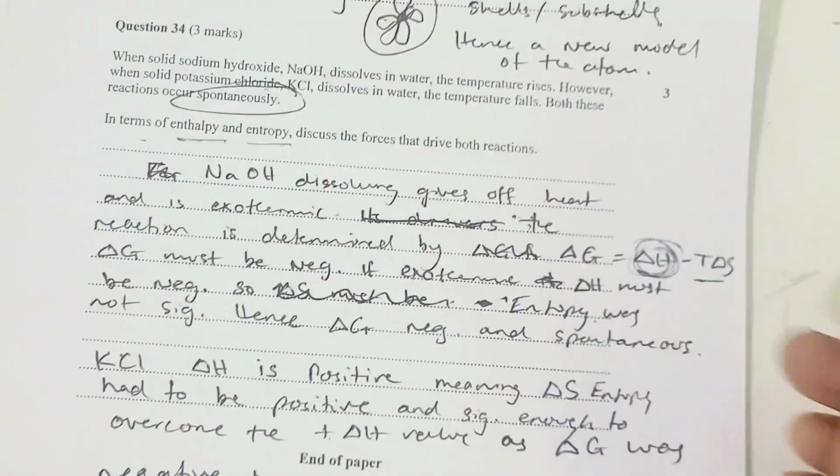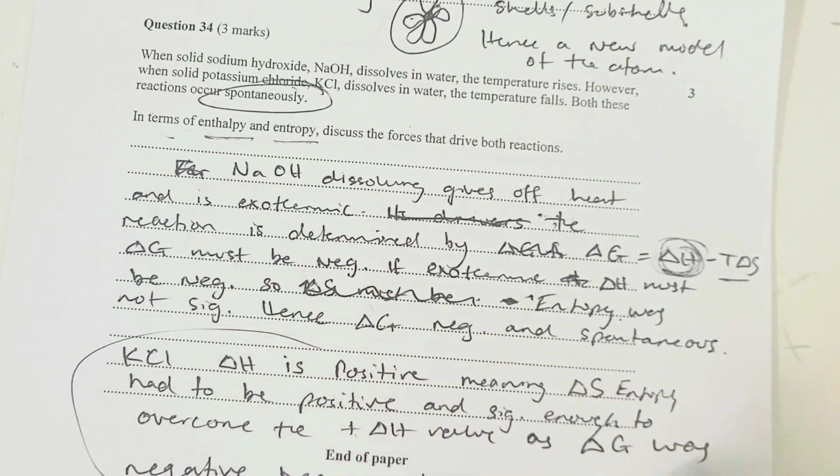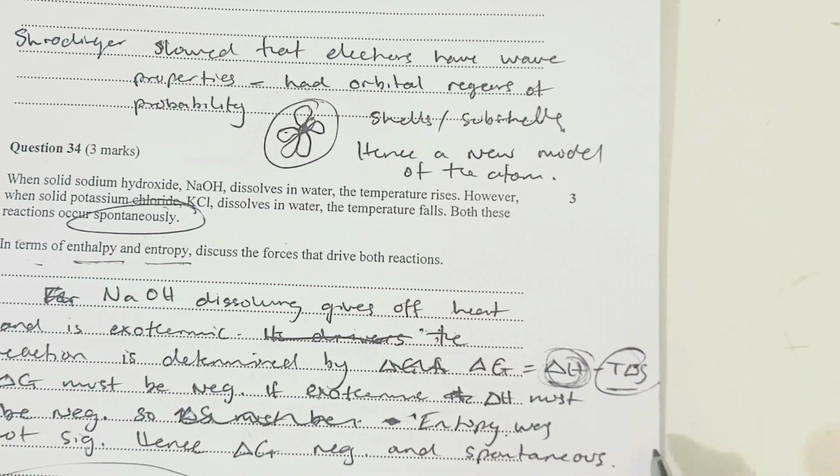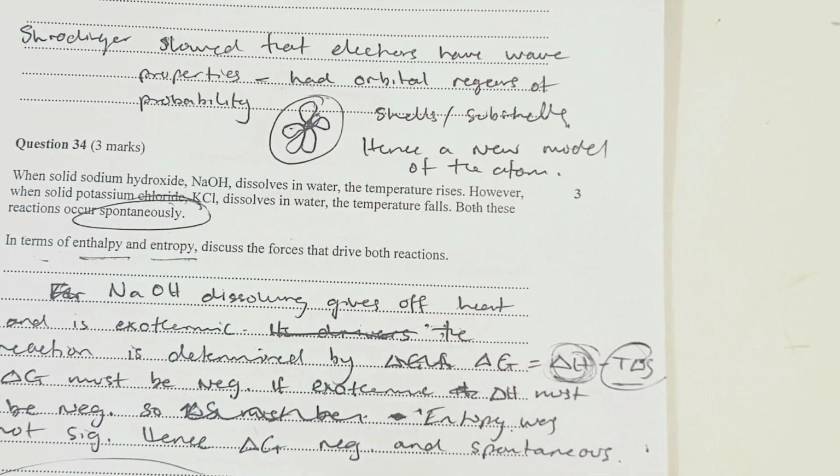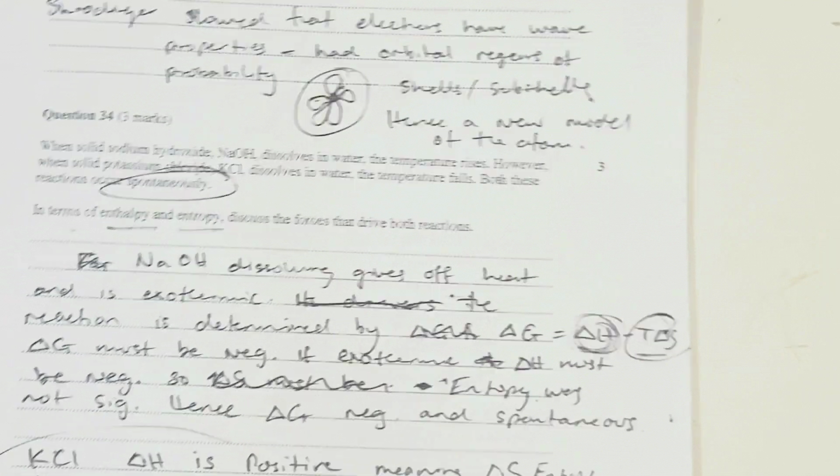So it's just saying that in this second one, the entropy must have been significant enough to overcome the positive delta H value.